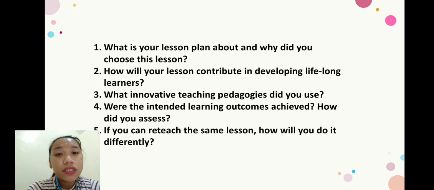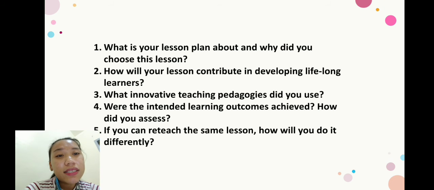The fourth question is, were the intended learning outcomes achieved, and how did you assess? I believe that I had achieved the intended learning outcomes because they were able to differentiate, appreciate, and know the functions of the body parts.